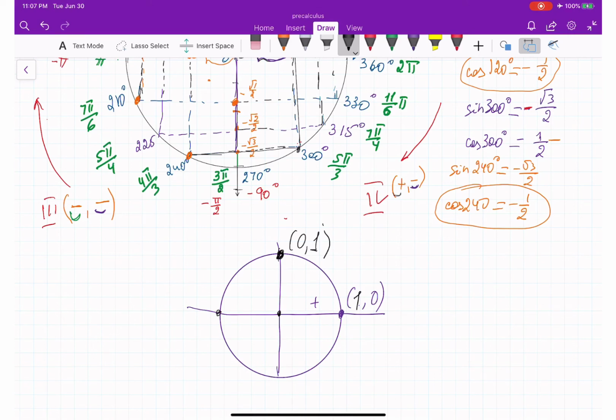In this point, we have cosine negative, because x is negative, negative 1, and sine is 0. And in this point, we have sine is negative 1, and cosine is the completely opposite. We have cosine is 0 and sine negative 1.